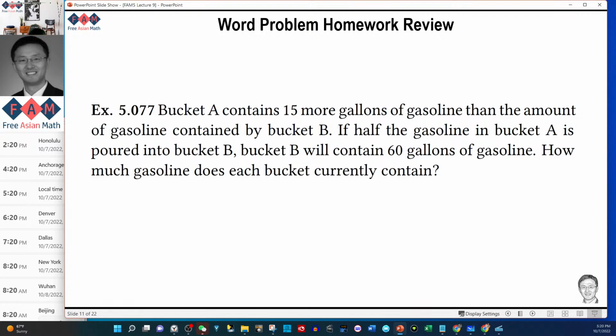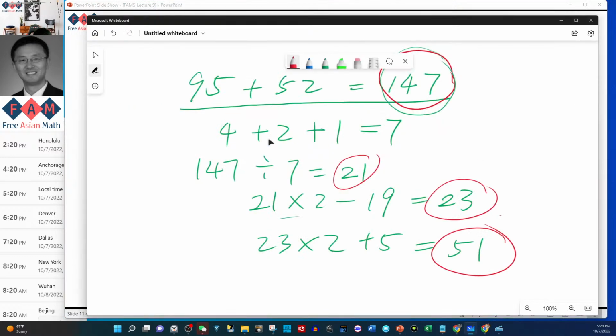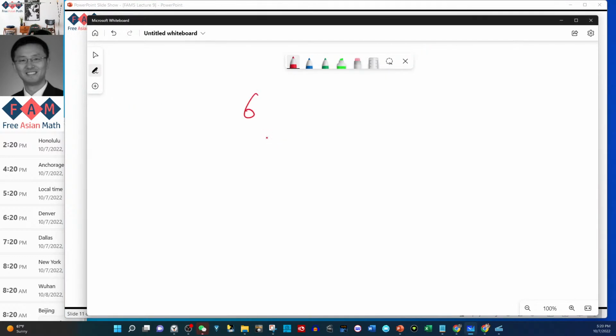So B is 60. We know this is B. If we times it by two, it will become 120. But the original B is just B itself plus 1/2 of A. So after you double this, this should be 2 copies of B and 1 full copy of A, right? And that 1 full copy of A is B itself plus another 15 actual.